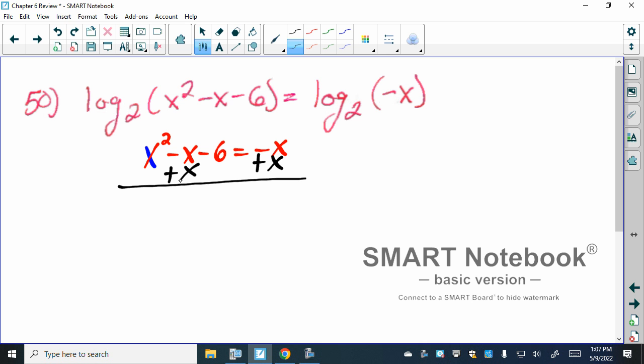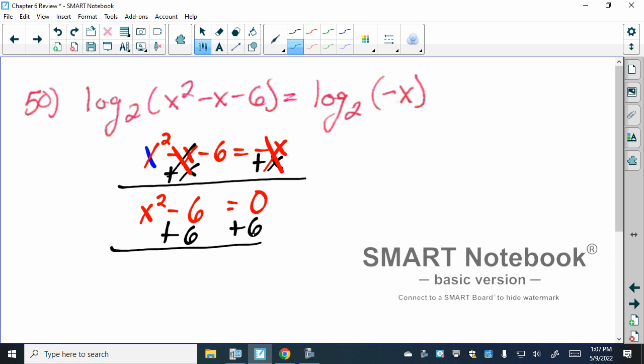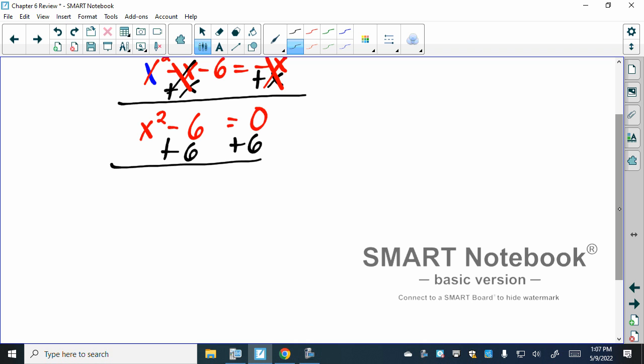So we can add x to both sides, because negative x plus x is 0. On the other side, negative x and x will cancel out, telling us that x squared minus 6 is equal to 0. Since we don't have a middle term, we can use the square root method, which is to add 6 to both sides first, which will tell us that x squared is equal to 6.